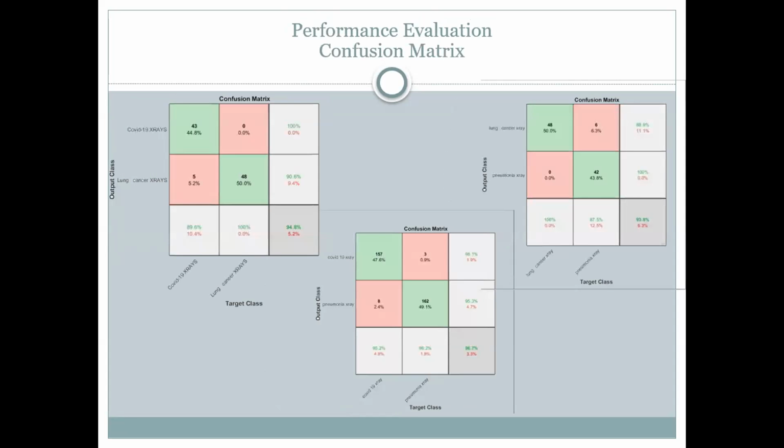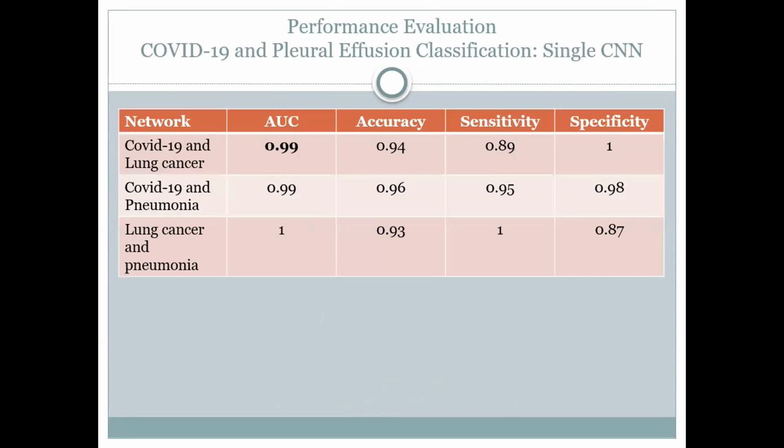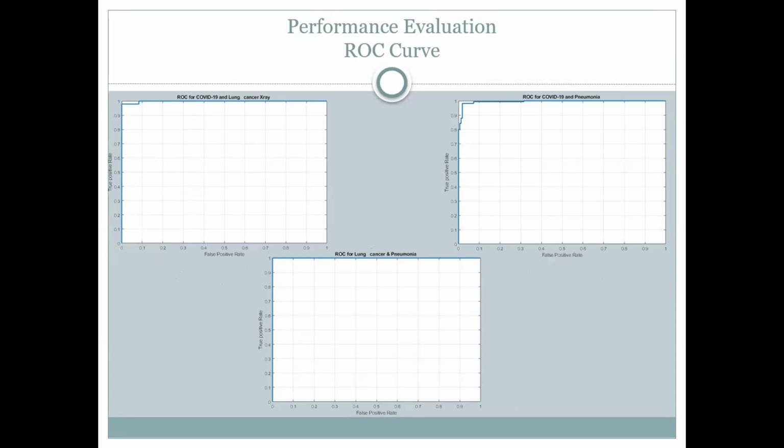For the ROC curve for COVID-19 and pneumonia as well, we can see some variation in the graph between the true positive and the false positive, and it was also 0.99.